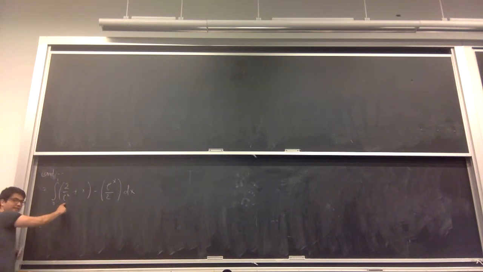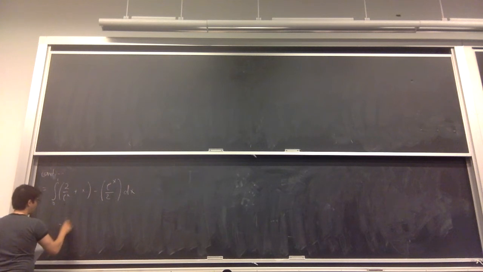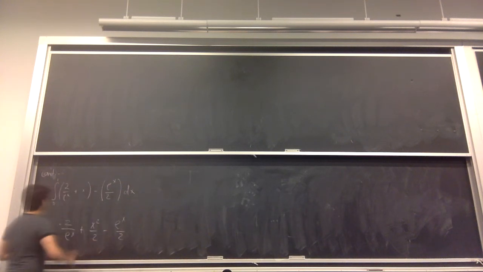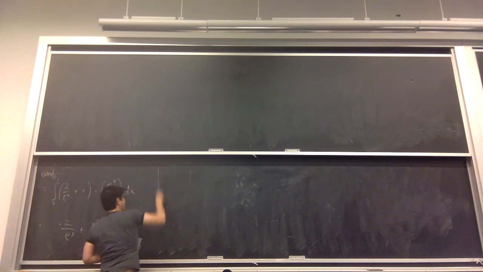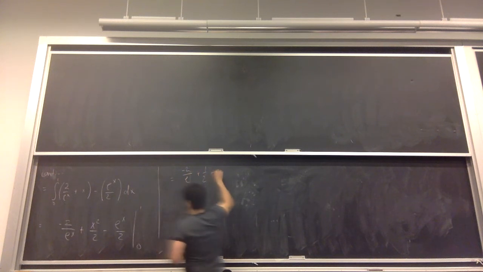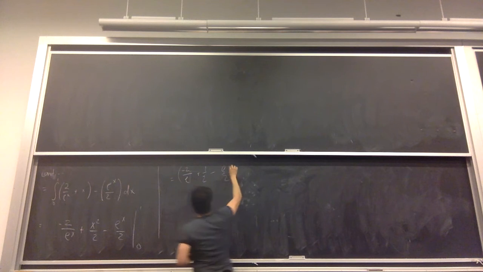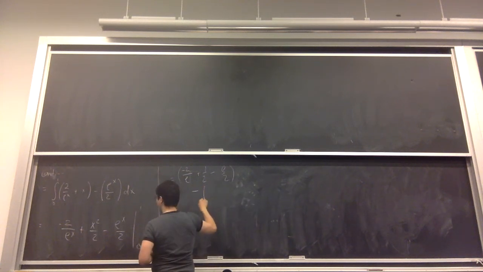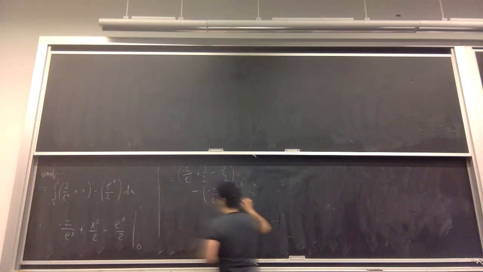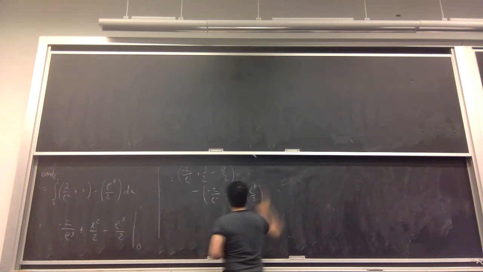Okay, so what's the answer here? What's the integral of this? The antiderivative is minus 2 e to the negative x plus x squared over 2 minus e to the x over 2. We want to go from 0 to 1. So you get minus 2 over e plus 1 over 2 minus e over 2, minus the bottom: minus 2 over e to the 0, minus 0 over 2, minus e to the 0 over 2.